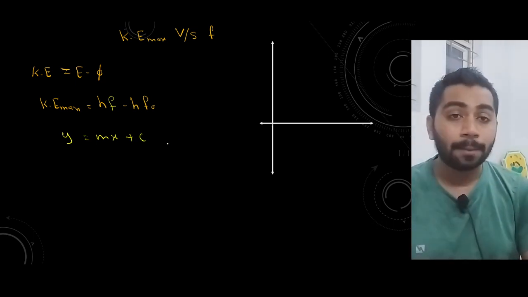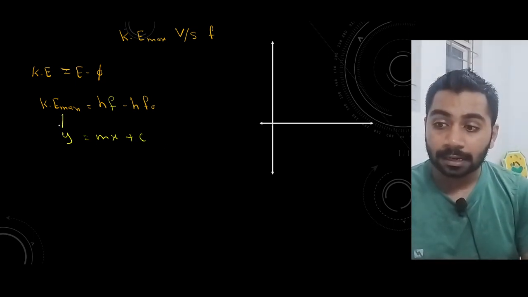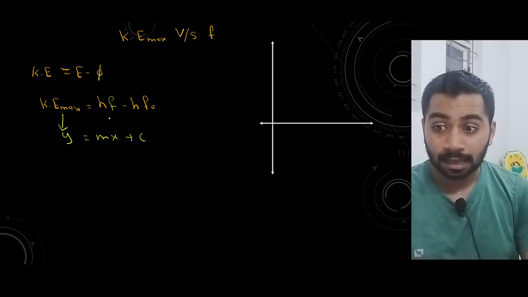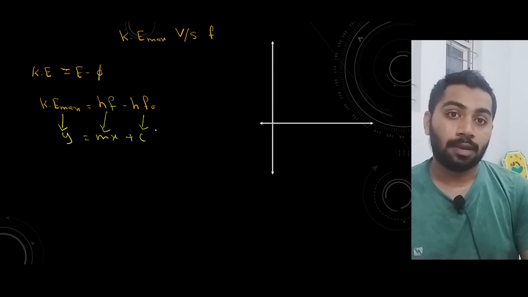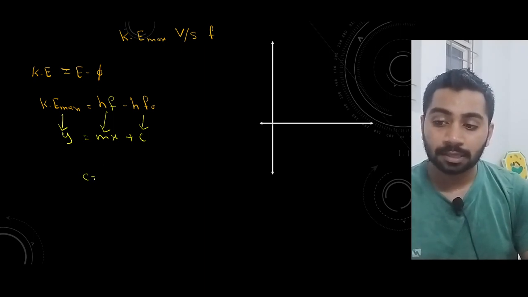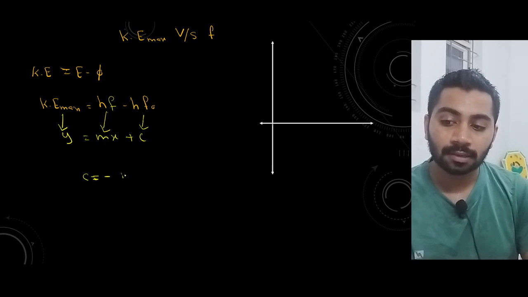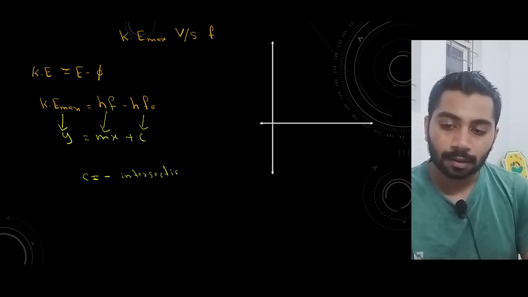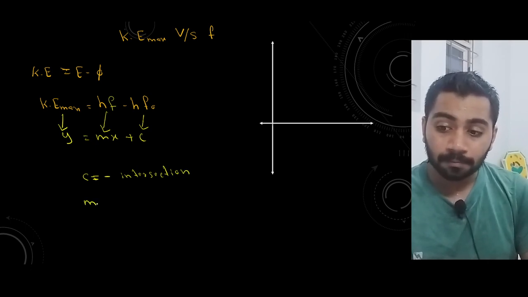y is the axis, m is the slope, c is the intercept. c is negative, which is the intercept, and m is the slope, which is positive.